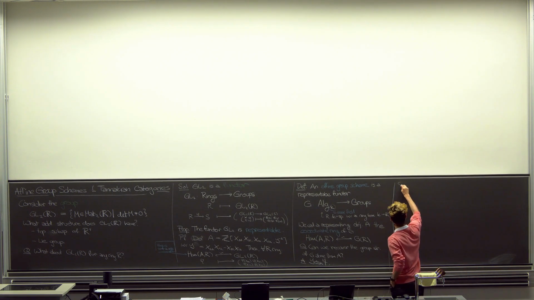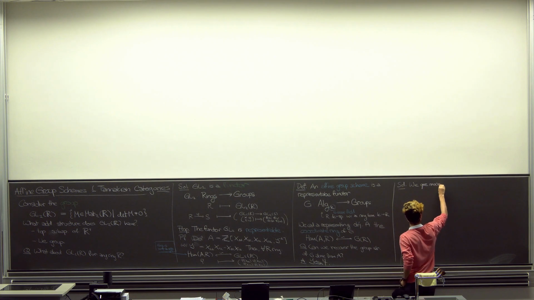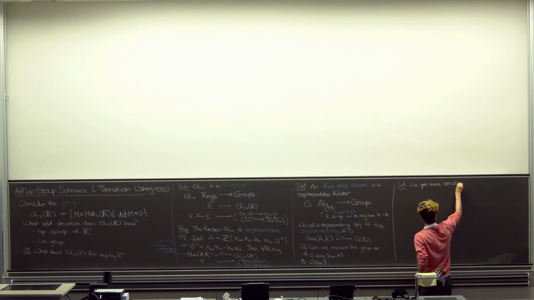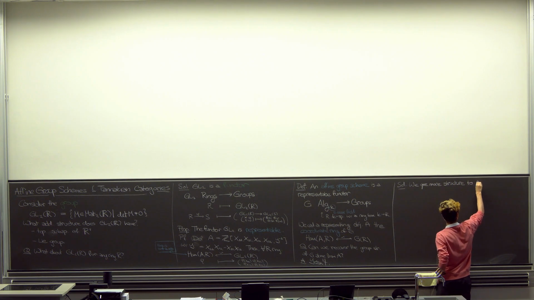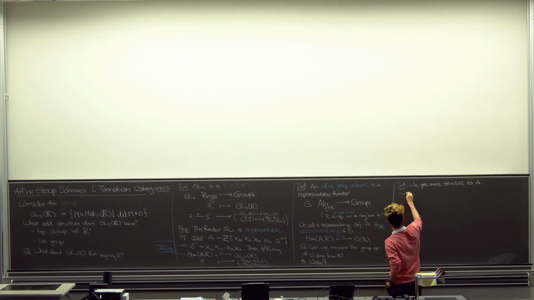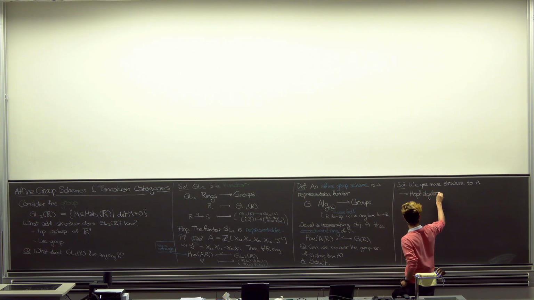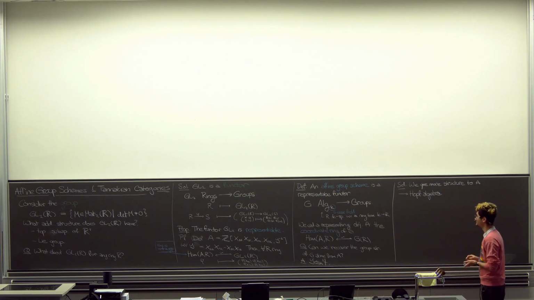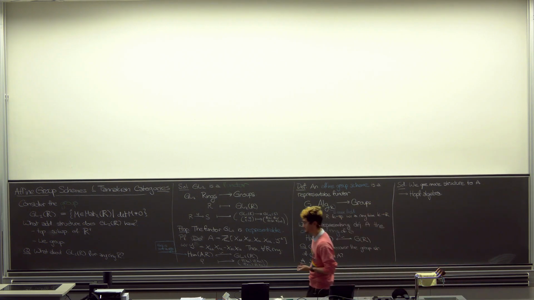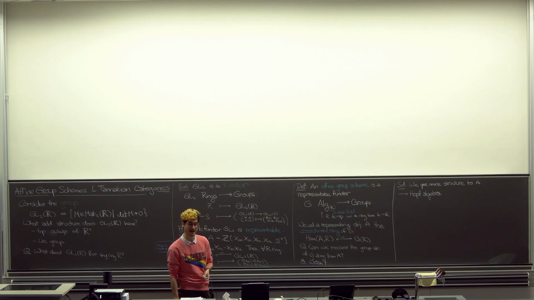Our solution here is, we give more structure to A. And the keyword here is a so-called Hopf algebra, which is a very interesting tool, which I assume you have not heard so far because it's a very technical tool in algebraic geometry, which is based on the idea of algebras, but I just reverse the arrows.